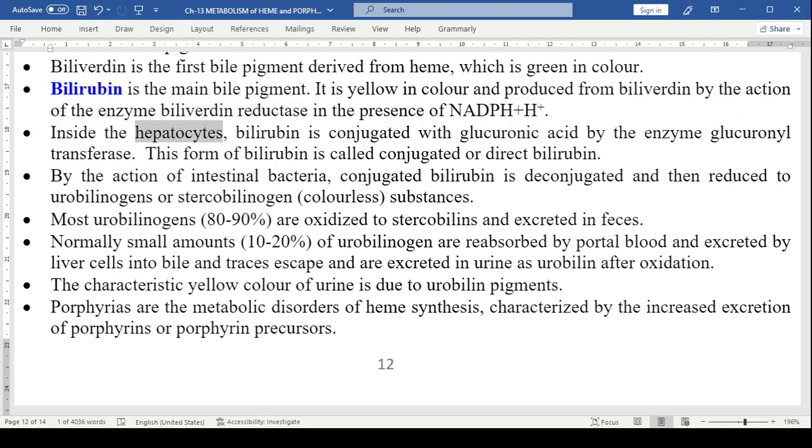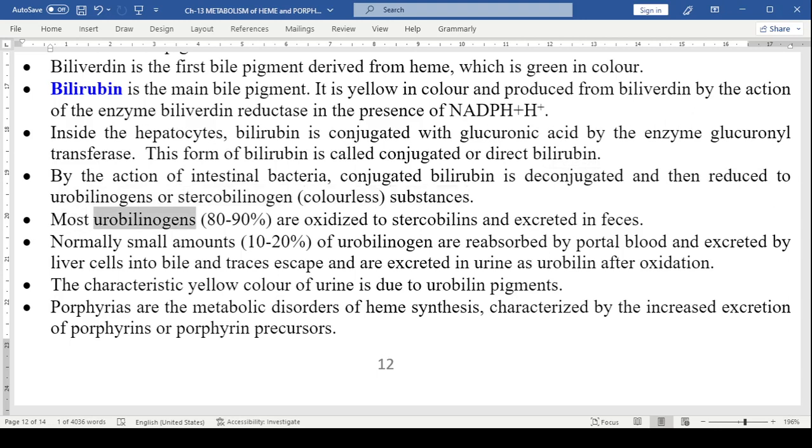Inside the hepatocytes, bilirubin is conjugated with glucuronic acid by the enzyme glucuronyl transferase. This form of bilirubin is called conjugated or direct bilirubin. By the action of intestinal bacteria, conjugated bilirubin is deconjugated and then reduced to urobilinogens or stercobilinogen, colorless substances.